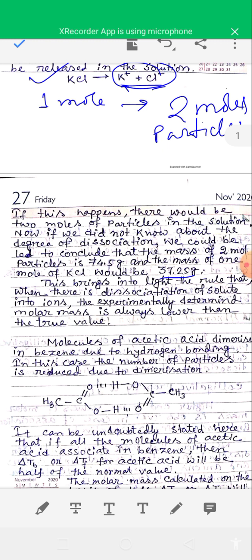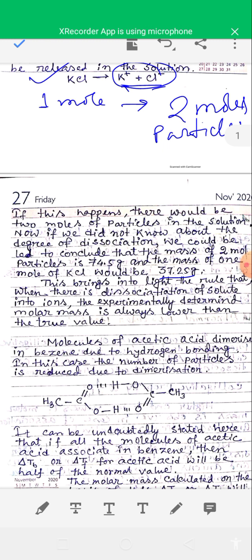That means the observed molecular mass of KCl in the solution becomes 37.25 gram, but the actual value is 74.5 gram. This is abnormal molecular mass, and it is due to dissociation.